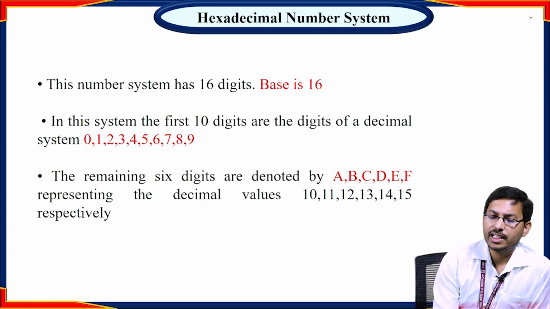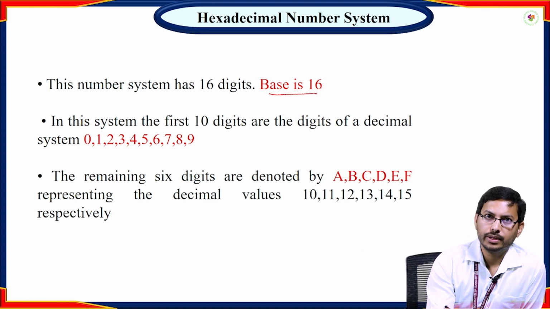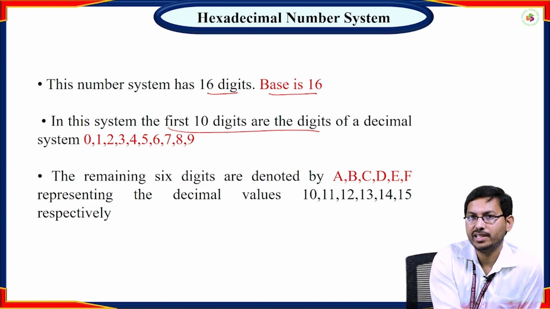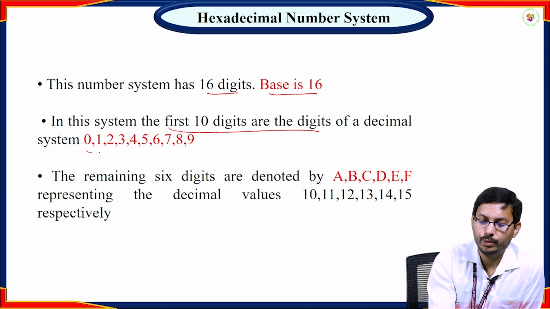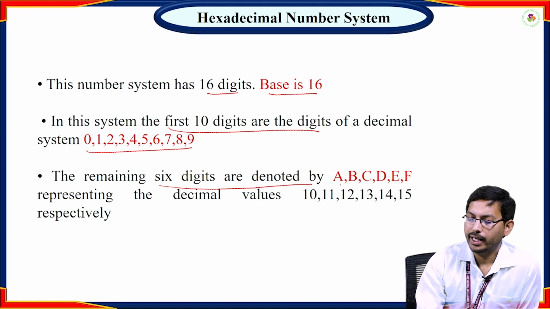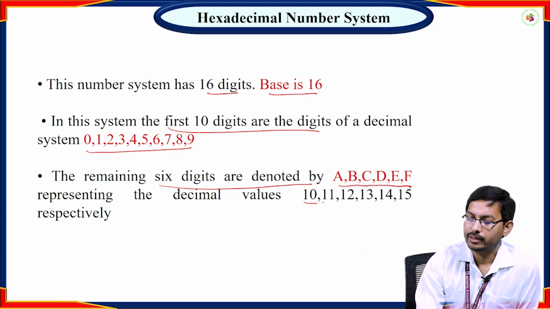The next type is the hexadecimal number system, where the base is 16. We are using 16 digits. The first 10 digits are the digits of the decimal number system, whatever you have learned earlier, 0 to 9. We use these 0 to 9 itself, and the remaining 6 digits are denoted by A, B, C, D, E, F, representing the decimal values 10, 11, 12, 13, 14, 15.